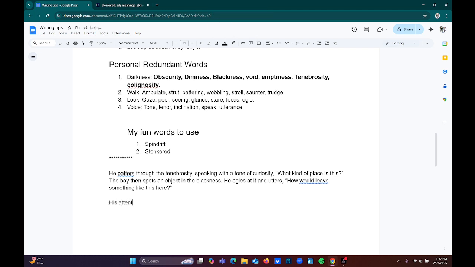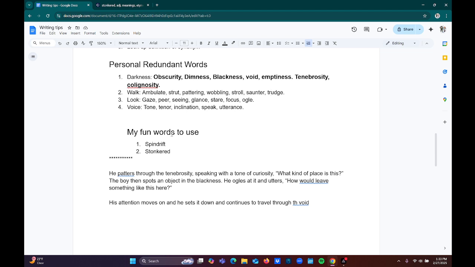His attention moves on as he sets it down and continues to travel through the void. So travel, I'm using that as a synonym for walk, because I don't want to say walk.